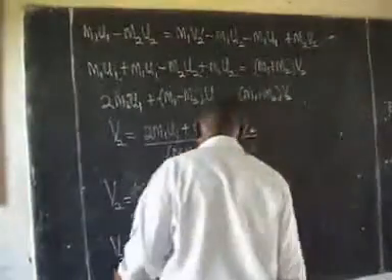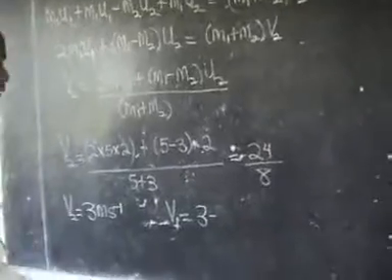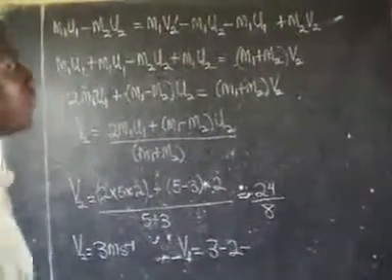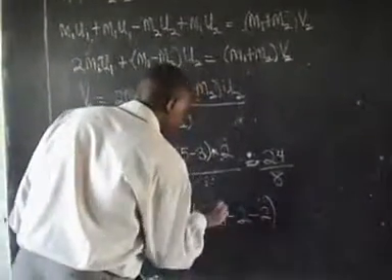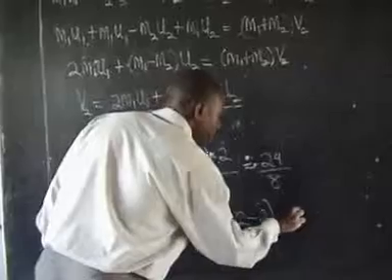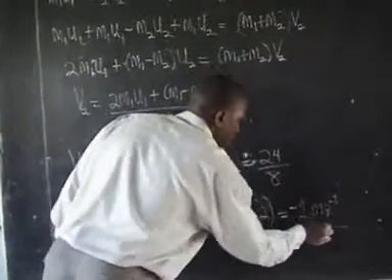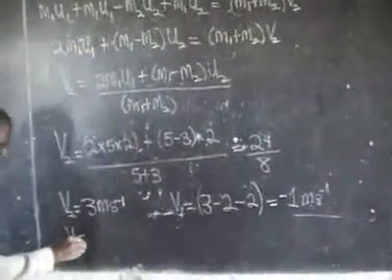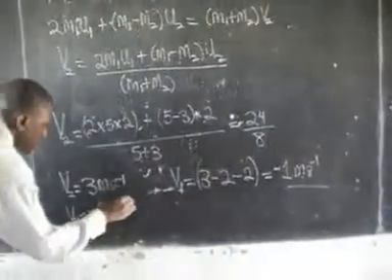Now my V2 is 3 minus u2 minus u1, which is 2. And when you simplify this, you get negative 1 meters per second. So V1 is equal to negative 1 meters per second.